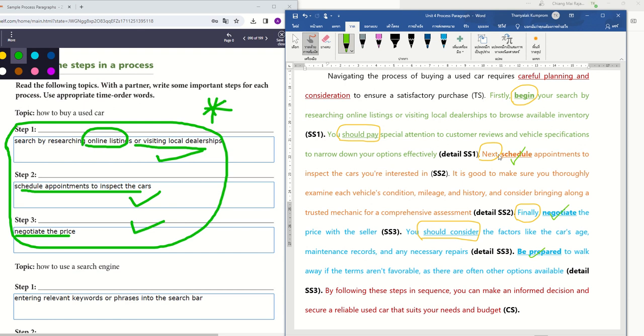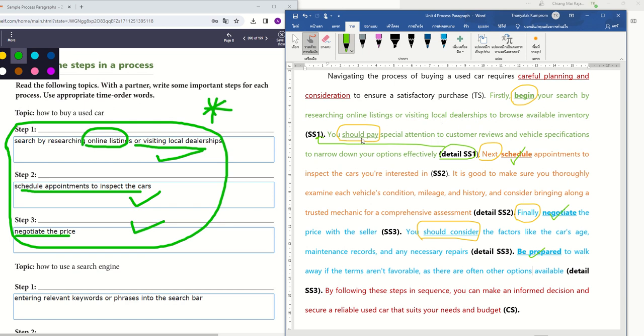Once we talk about the steps, step 1, step 2, step 3, right here. First, next, and finally, there are 3 steps. So here, SS1. But as you can see here, details SS1, what does it mean? It means it is the detail to support the supporting idea 1. It belongs to SS1. How? The first one is research by researching online listing or visiting local dealership.